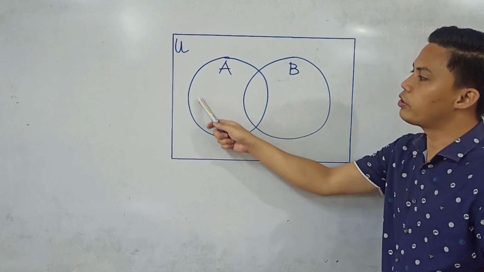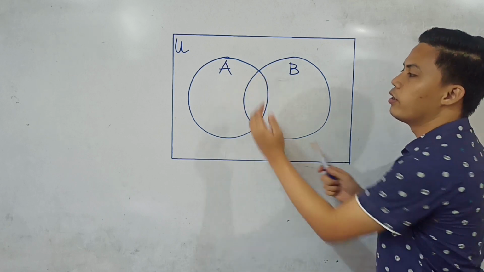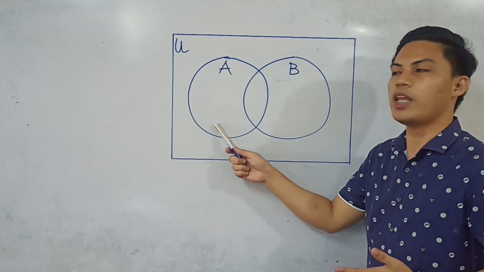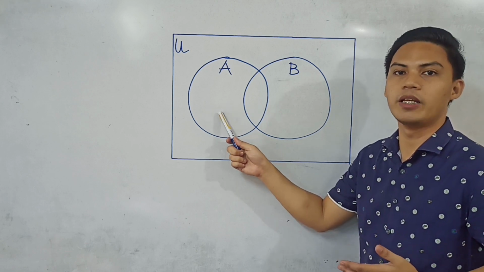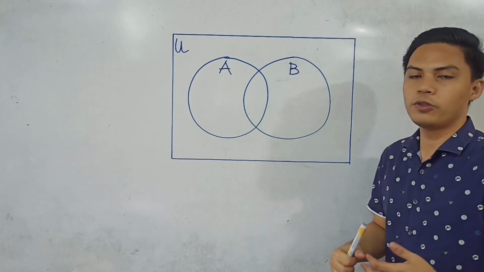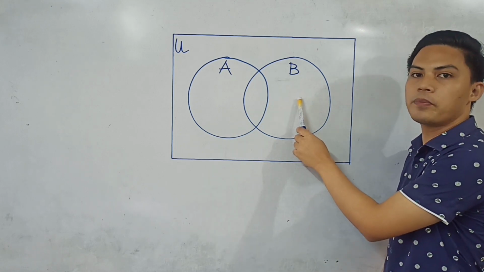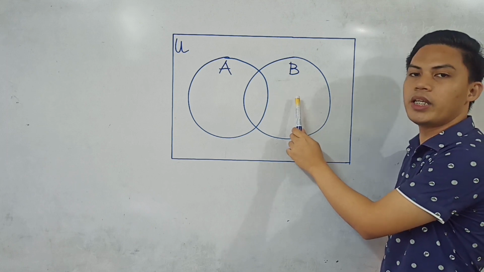So, ito yung third region natin na part. Okay. Di kasali ito. In this region, makikita natin yung mga elements in A only or makikita lang sa set A. Okay, how about yung fourth region? Yung fourth region naman is dito banda. Ano kaya yung mga elements na makikita natin dito?